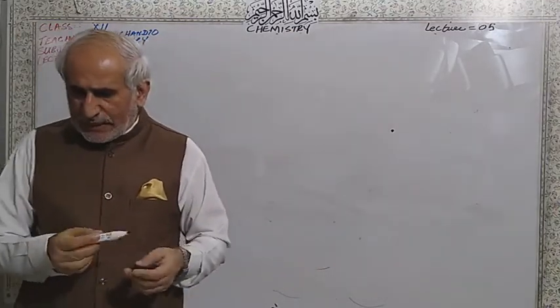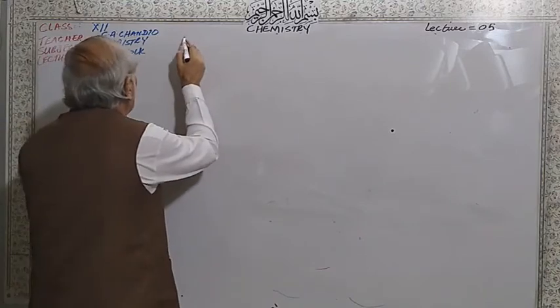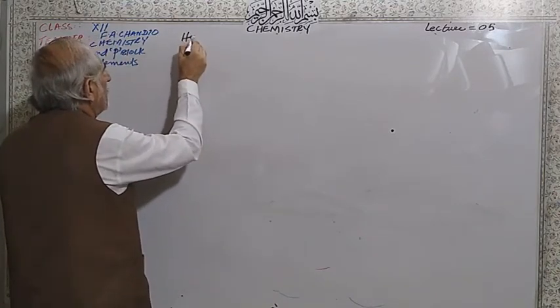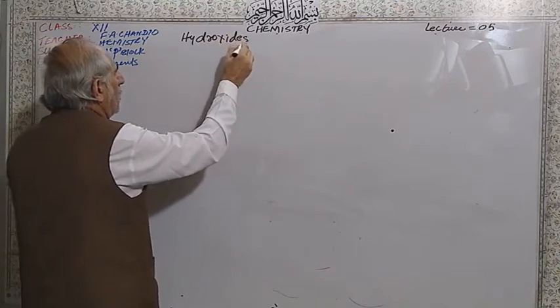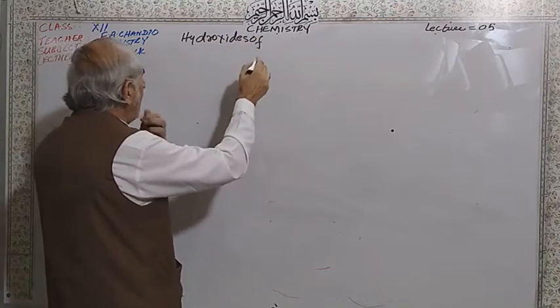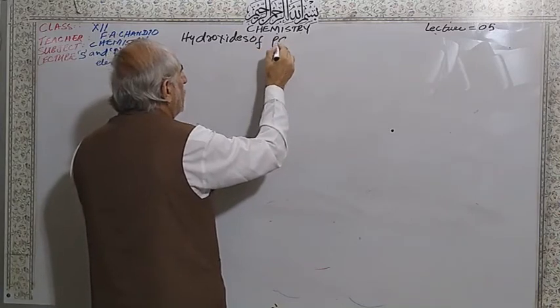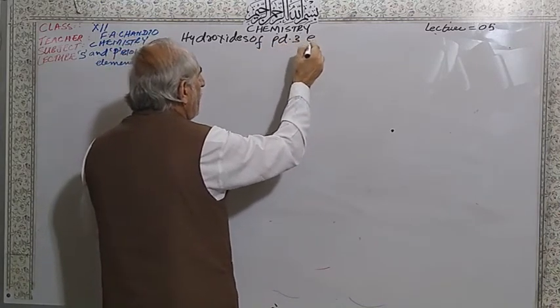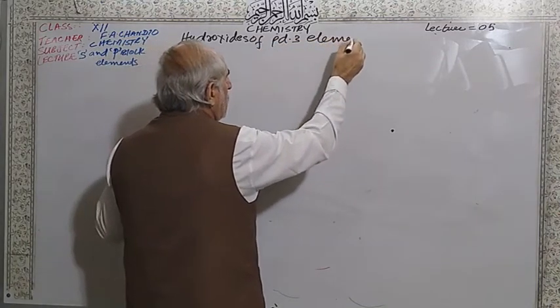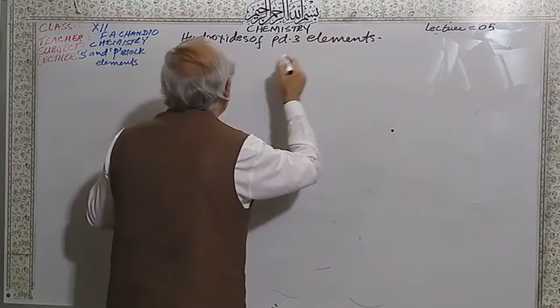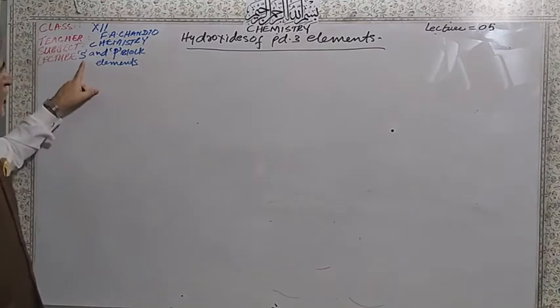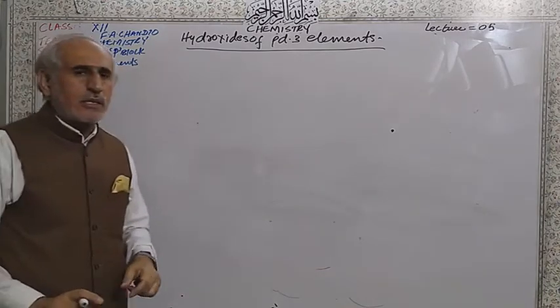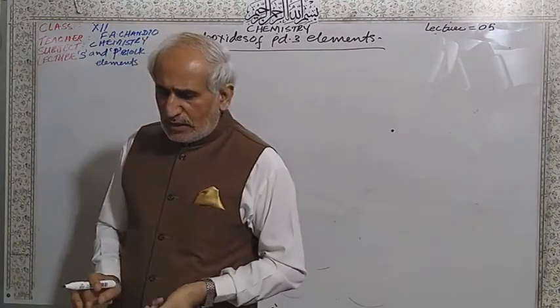Otherwise, in normal conditions it does not ionize, so it is a non-conductor of electric current. So this is the answer. Sodium chloride and magnesium chloride dissociate into ions, and that's why they are good conductors of electric current. So students, these are the quick quizzes, you have to solve these.